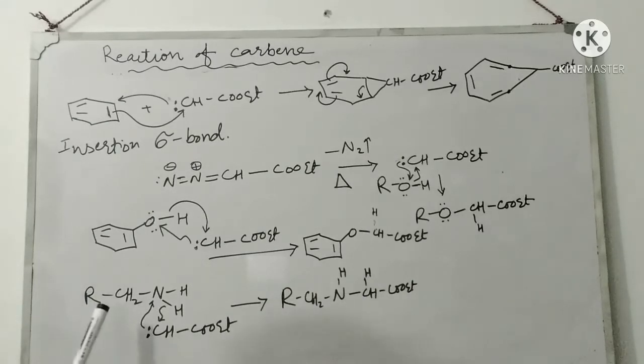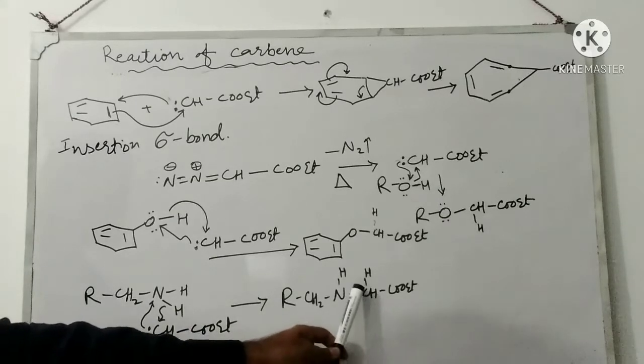Then this is the insertion of the carbene into the sigma bond of nitrogen and hydrogen. This is how they make the bonds: the two electrons of the carbene make the bond between nitrogen and carbon, and then the hydrogen makes the bond with the carbon.